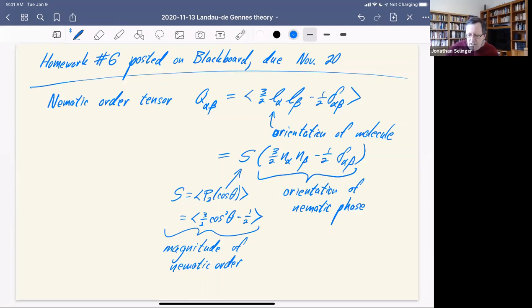Now, to mention a couple of mathematical properties of the Q tensor, these are standard things that people often talk about. One is that the tensor is symmetric.